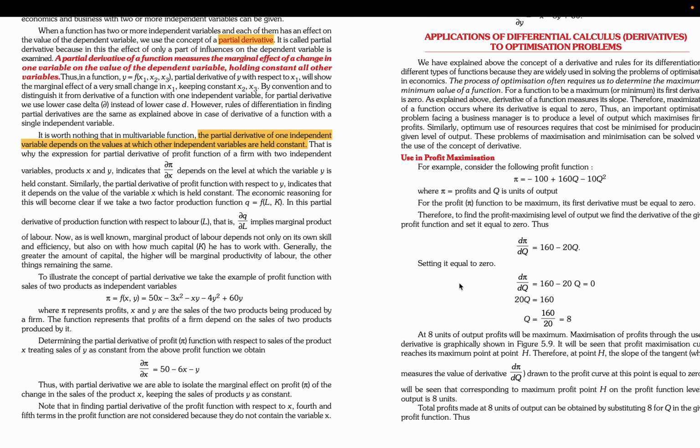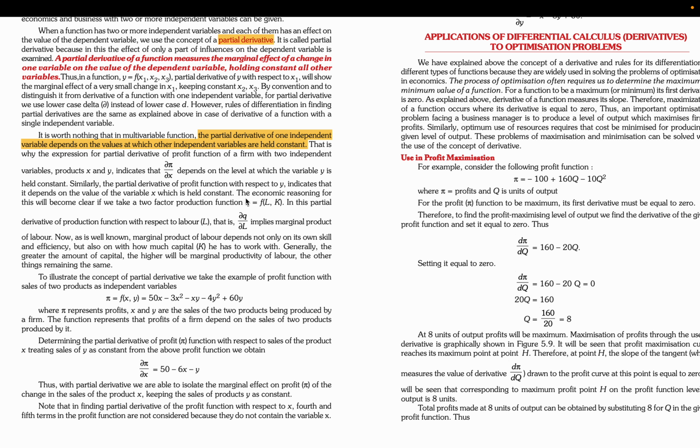We will read this through to know what it actually is going to imply. Similarly, the partial derivative of the profit function with respect to y indicates that it depends on the value of variable x, which is held constant. So whatever you're holding constant, it depends on the value of that.